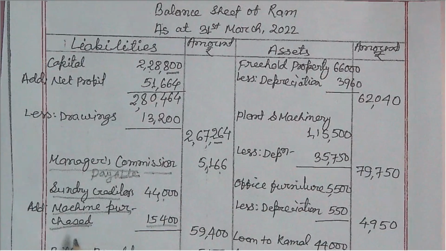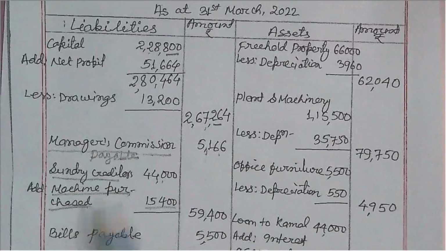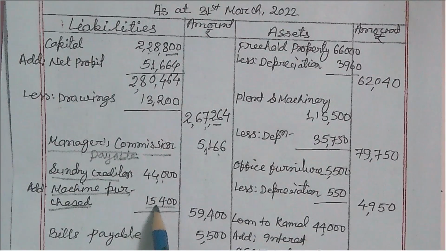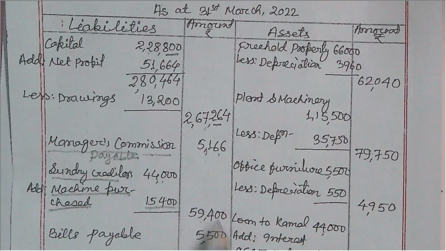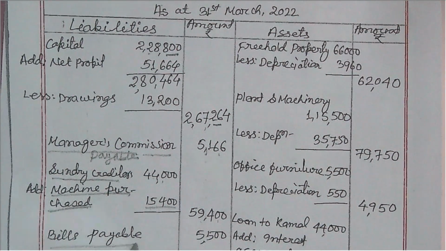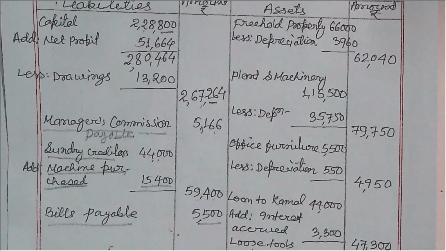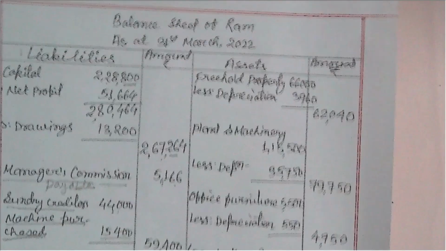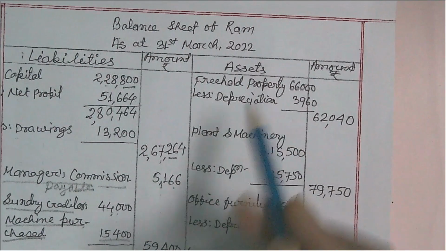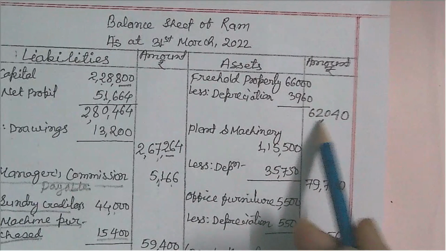Machine purchased, and total 44 plus 15,400 is 59,400, and bills payable, it is given in the questions, 5,500. And freehold premises, here freehold property depreciation is already calculated, so minus depreciation.